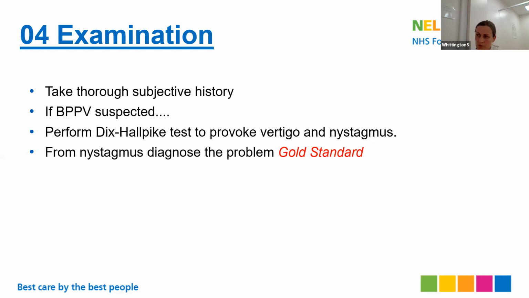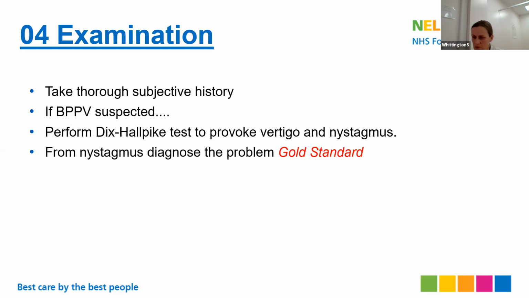Is there nausea and vomiting associated? Do they get headaches? Do they have anxiety or panic around it? Any visual problems? Is there hearing loss, tinnitus, that pressure in the ear, what we mentioned earlier on about potential Meniere's?